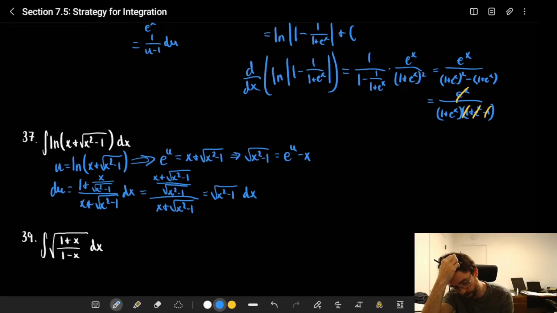That's so close. Did I mess up anywhere? E to the u. Wait. No, e to the u minus x. Oh, that makes... That was so close. Huh. So trig sub didn't work, u sub didn't work. God, what else is there to tackle this? Integrate by parts?